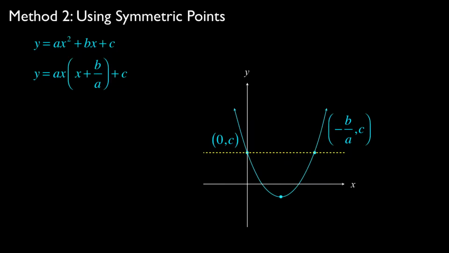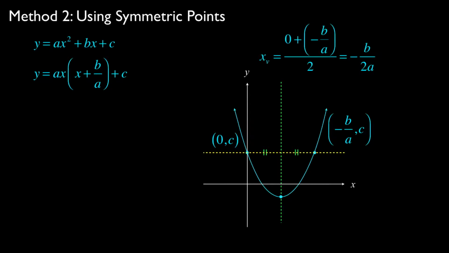I recognize that my vertex lies halfway in between those because it lies on that axis of symmetry. And so in order to get the x-coordinate of that vertex, all I have to do is recognize it's halfway in between the 0 and the negative b over a. So I use the same technique that I used last time. I take the average of 0 and negative b over a.